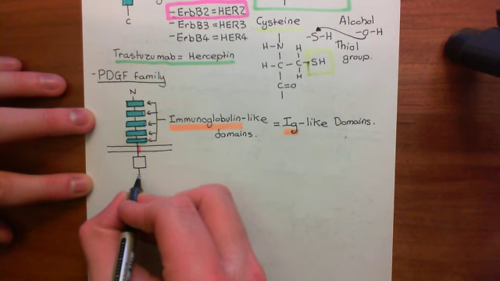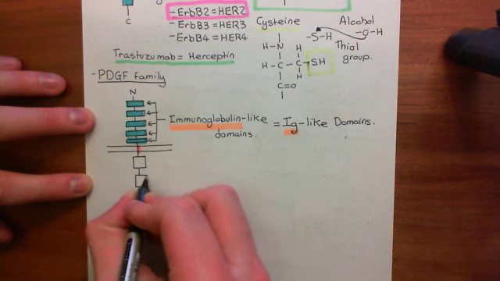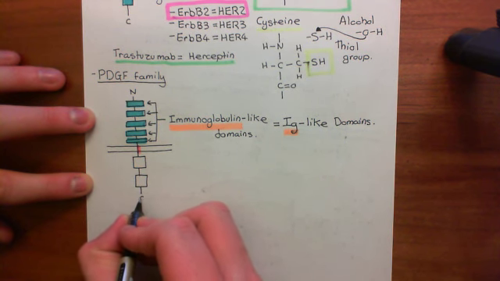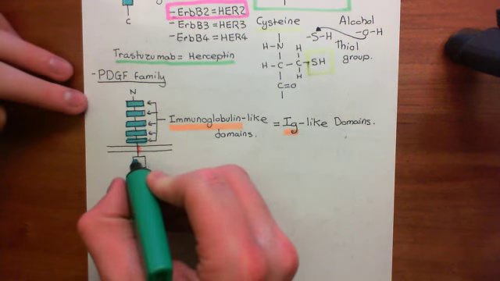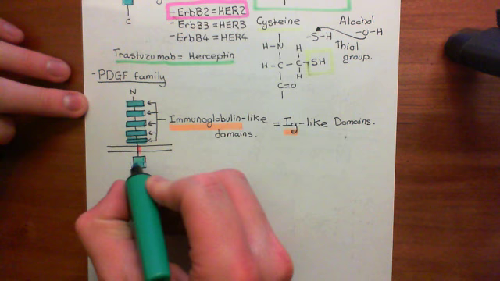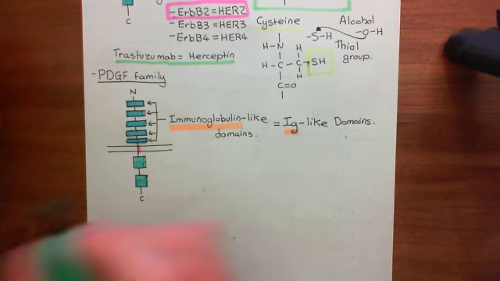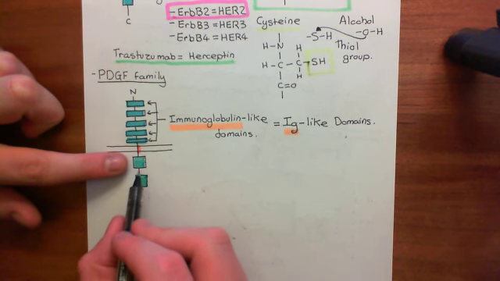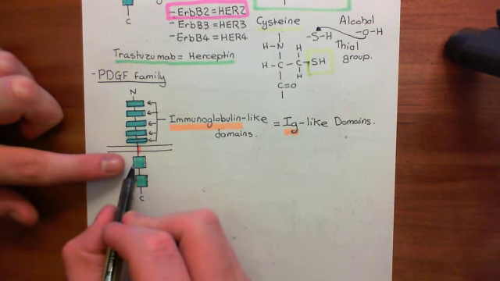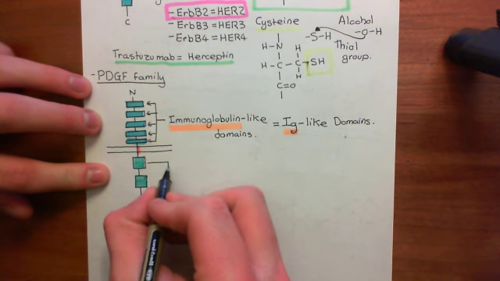Now, in the case of the platelet-derived growth factor family, receptor tyrosine kinases, you have a split tyrosine kinase domain. Okay, now I'm going to have to find some different colour to colour it in because I've used blue for the immunoglobulin-like domains. So in turquoise here now, this is the 2 portions, the 2 regions of the linear polypeptide that are going to bind together to make the full tyrosine kinase enzyme.